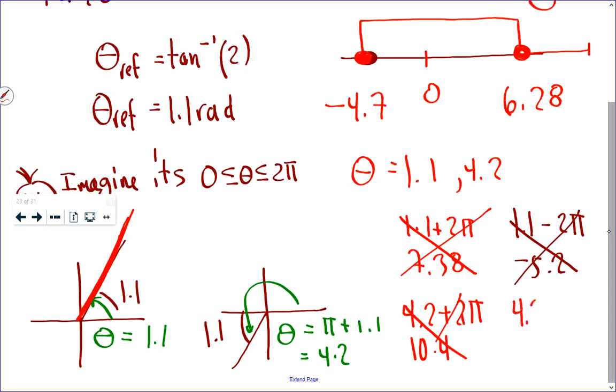What if you take 4.2 and subtract 2 pi? You are going to get a number that I believe will be very close to negative 2.1, to the nearest tenth, am I right? So we get negative 2.1 here. Is this in the domain? Yep.